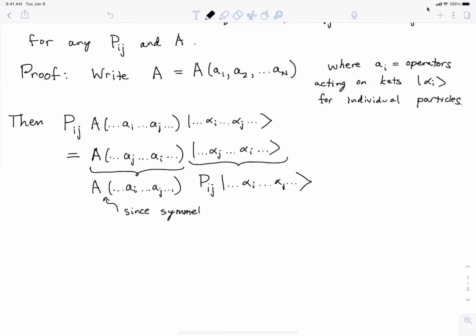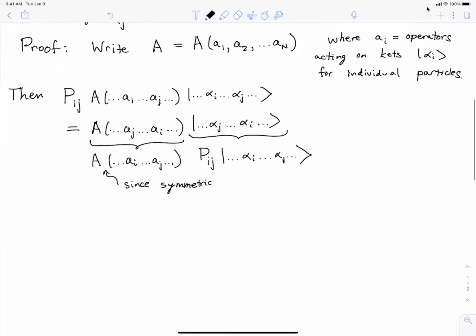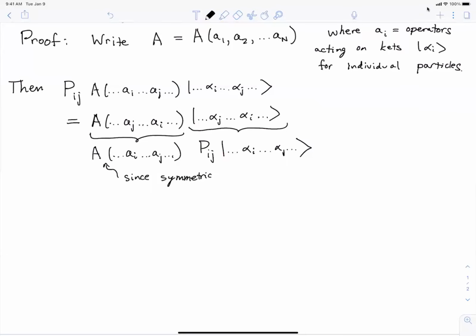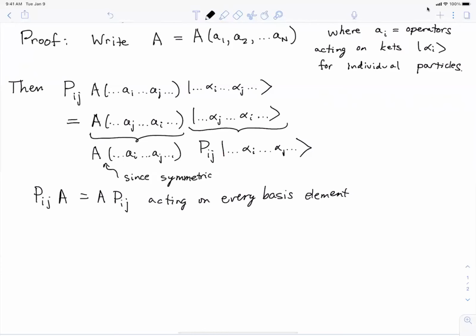And so from the assumption that the observable has to be symmetric, we can conclude that Pij A has to equal A Pij, acting on every basis element. And if it's true acting on every basis element, then it has to be true on the whole state space, on the whole ket space.